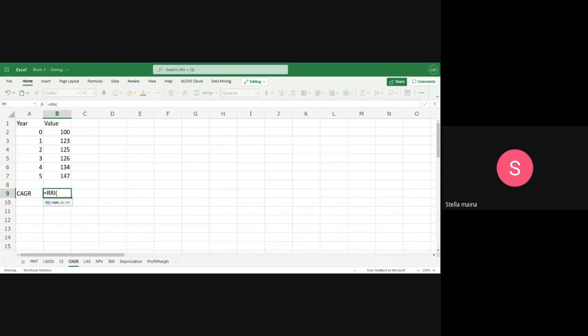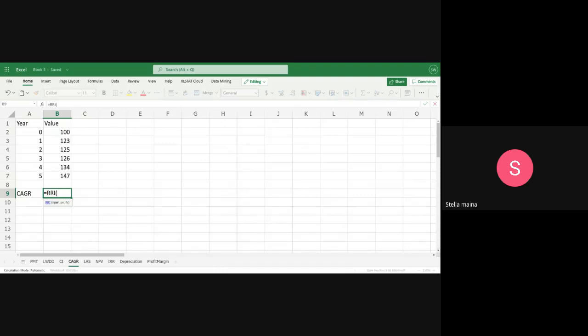The RRI has three arguments: the number of years or the total number of periods, the present value, and the future value. The number of years is 5, something we can see directly, and then the present value is 100, and the future value is 147, the start and the end.